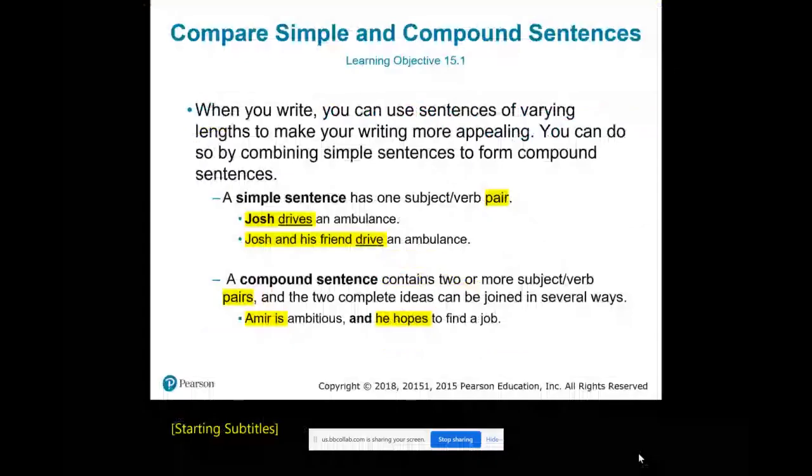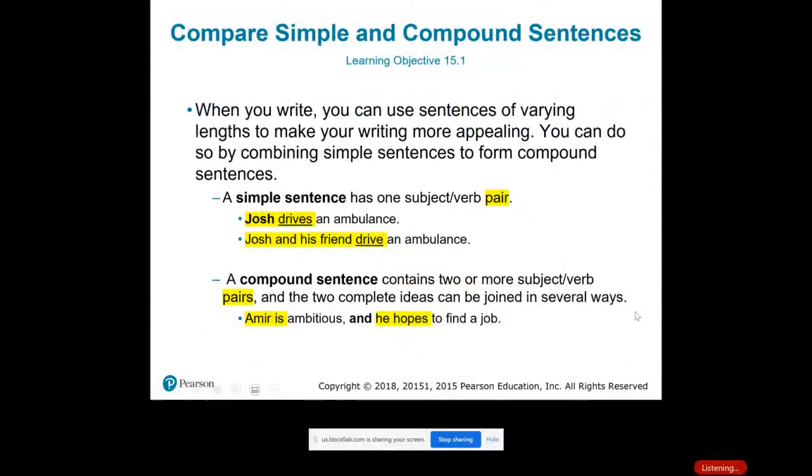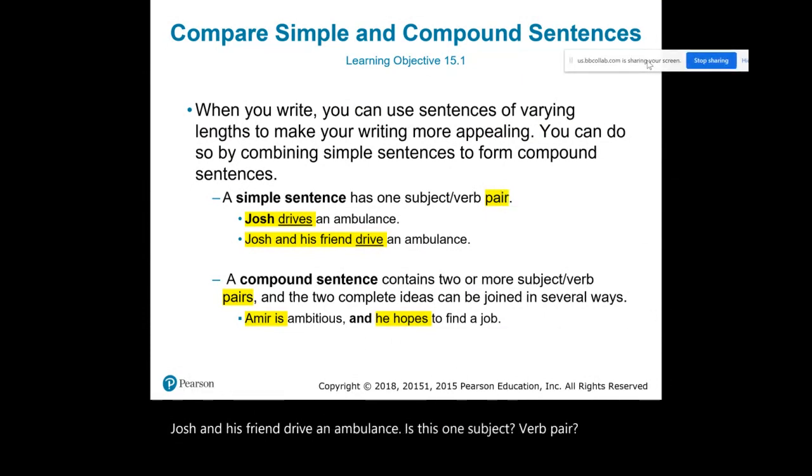Yes, we can see it. Okay, so: Josh and his friend drive an ambulance. One subject verb pair. Yes, teacher. The subject is Josh and his friend. His friend drive.